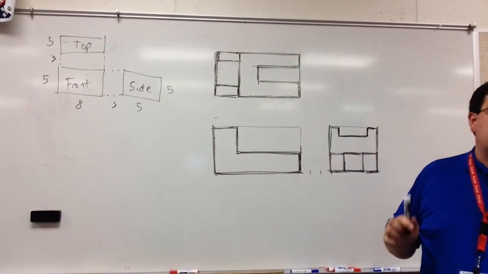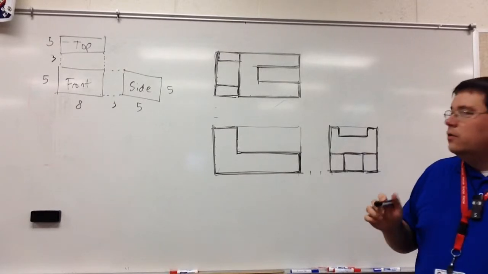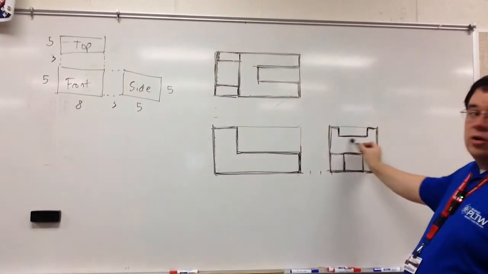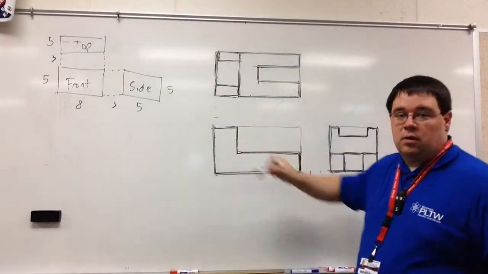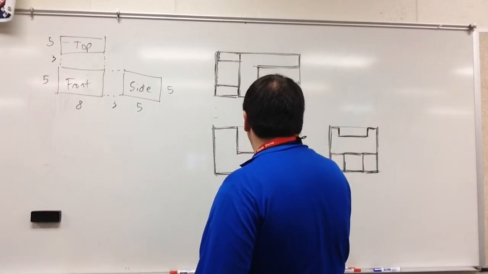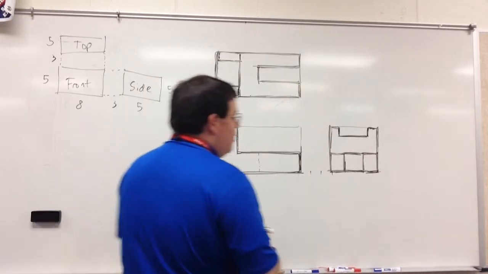So you're going to use the dotted lines to create hidden lines for where this feature is in this view and where this feature is in this view. So I'm just going to, where they line up, draw a dotted line there, and where it lines up, draw a dotted line there.